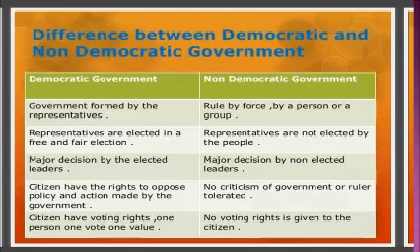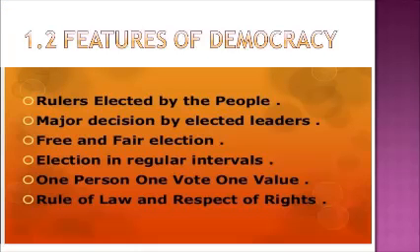Next, 1.2, that is features of democracy. There are 6 major features of democracy. First, rulers elected by the people. Second, major decisions taken by elected leaders. Free and fair elections.